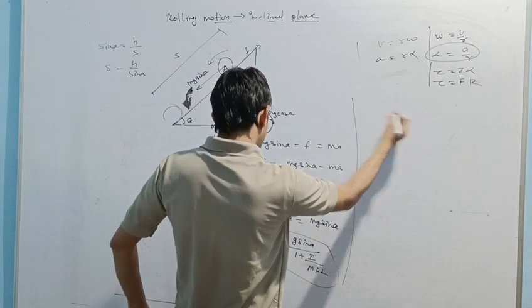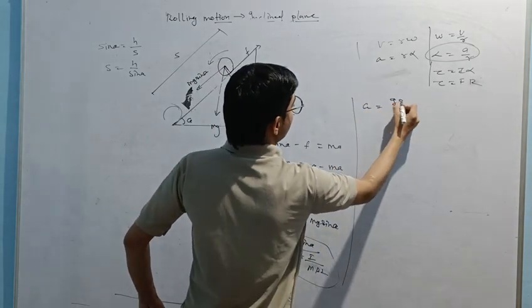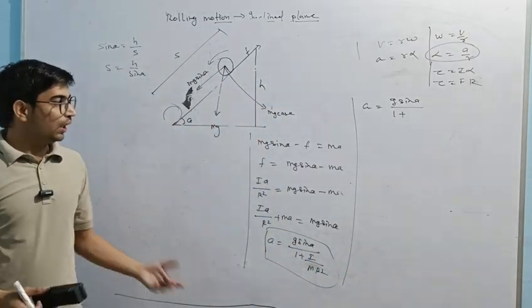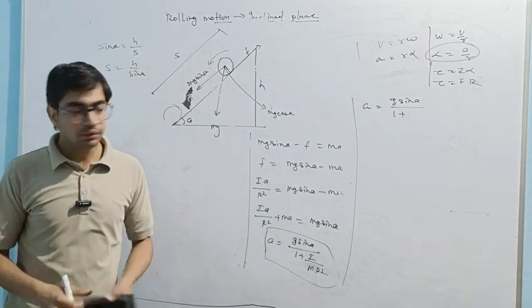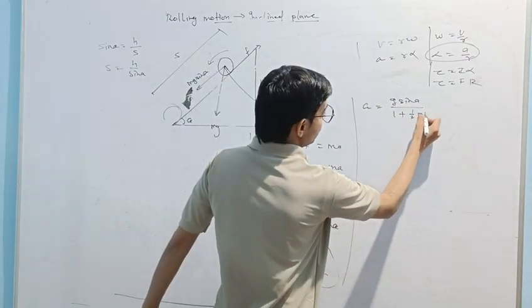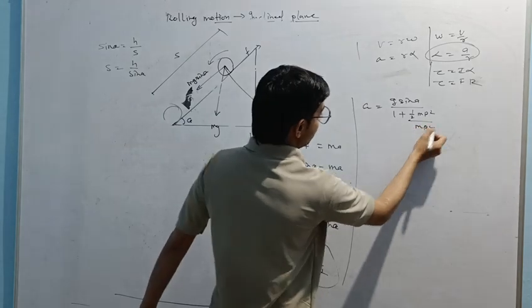So now A is equal to g sin theta upon 1 plus, what is the value of I for solid cylinder? Half of mr square, 1 by 2 mr square upon mr square, right?